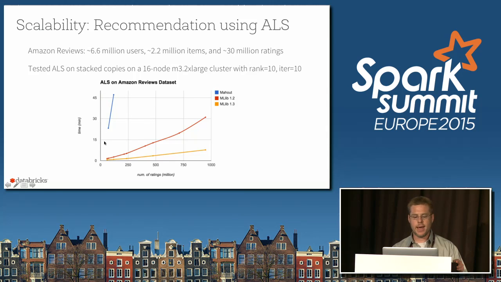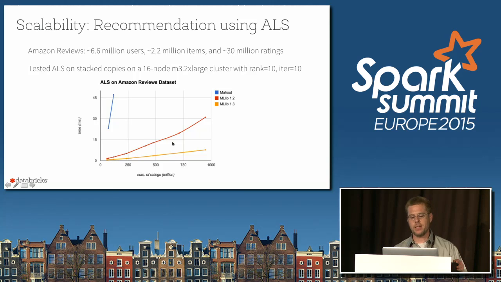But what we're looking at in this slide is the scaling, right? So if you look at Mahout, you can see that once we start getting into the significant number of millions of ratings, even around 100, 125 million, we really start taking up a lot more time to do this computation.